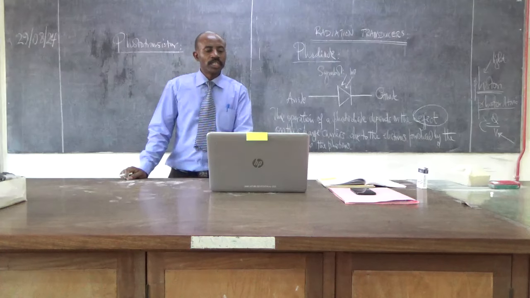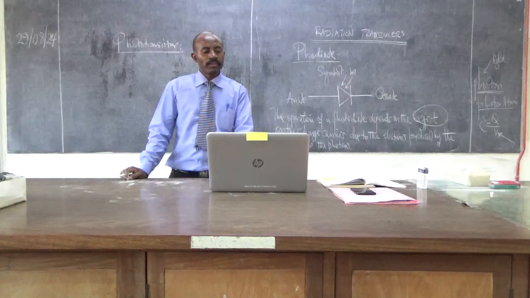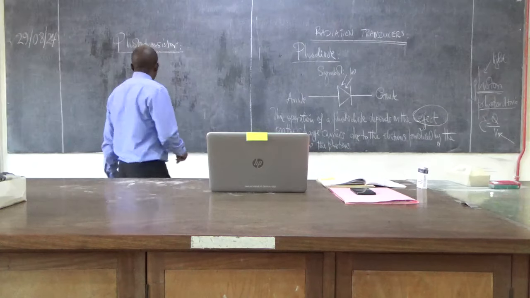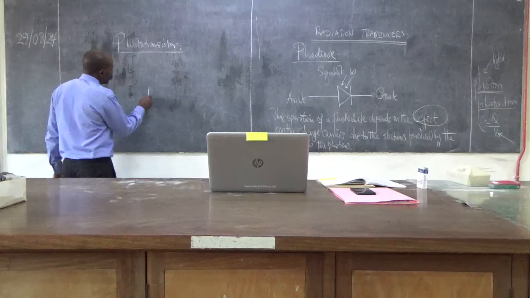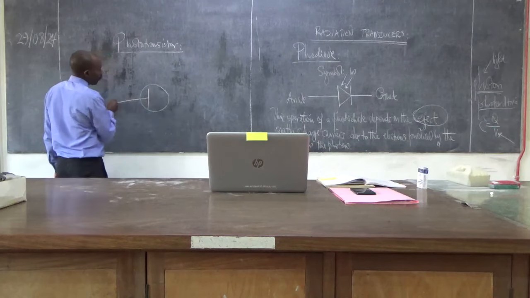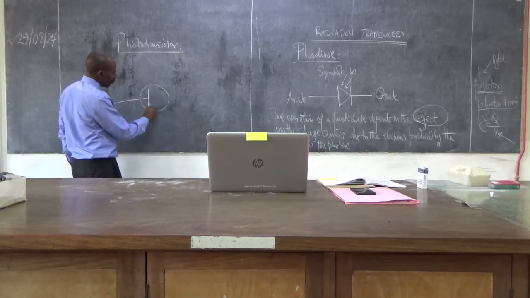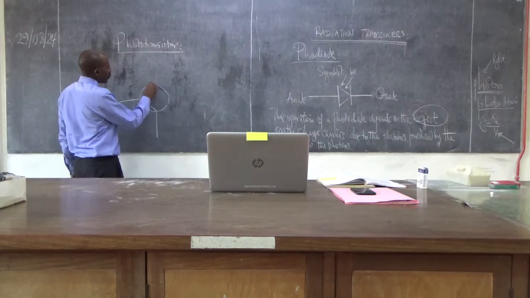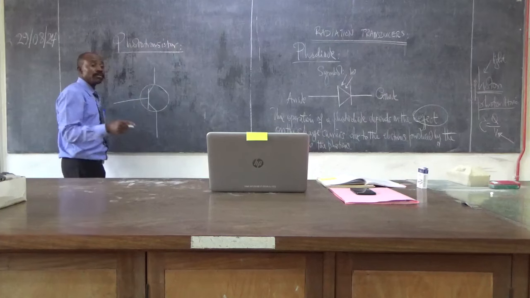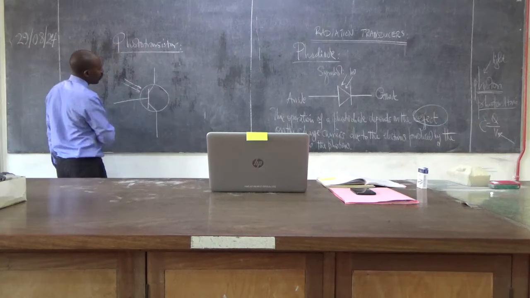This is a logical extension of the photodiode, whereby the photodiode forms a base collector junction. So we have this junction here, and then we have this other side up here. And then we have the photons falling at this place.